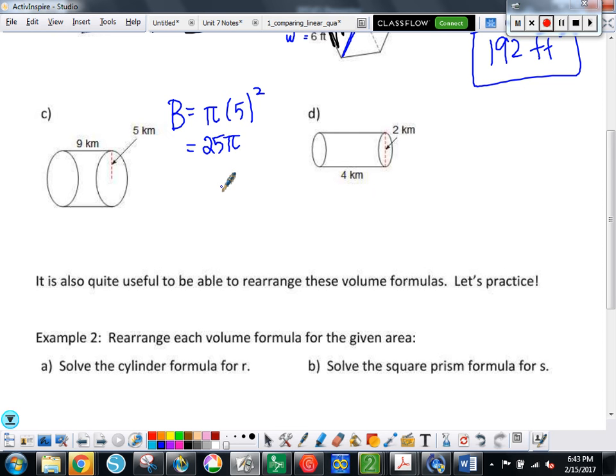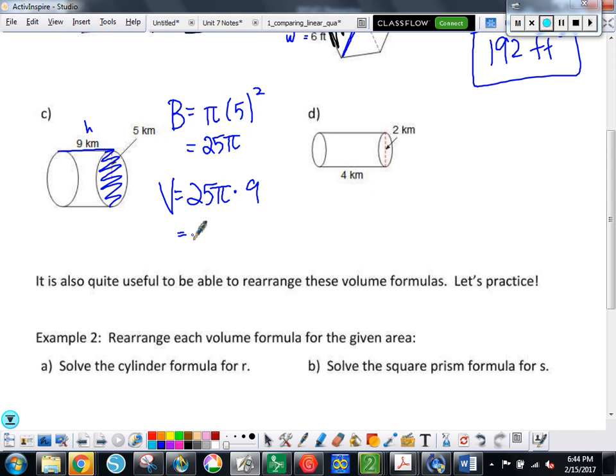So for now, I want to avoid rounding error and just type it as 25 pi. And then we'll plug everything into the calculator at the end. Now if I want to find the volume, you have to take the base area and multiply it by the height of the prism, which would be 9.